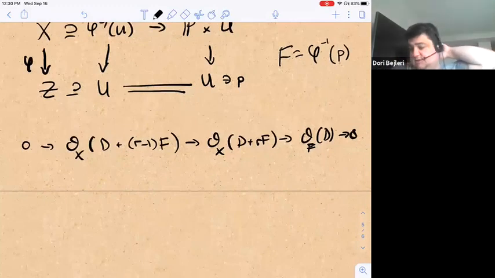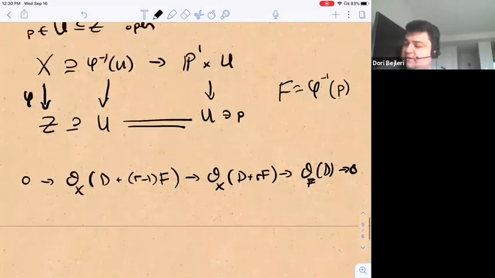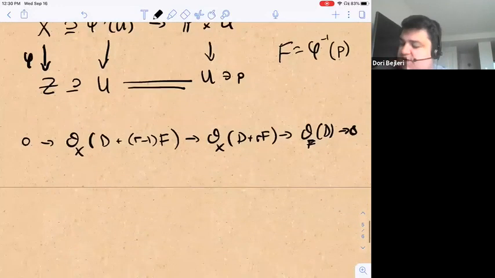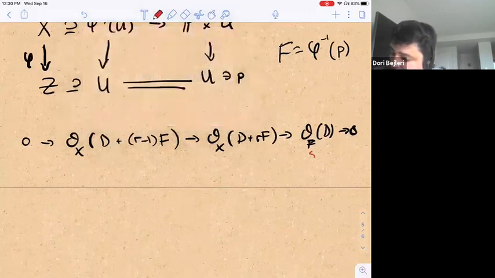So here's just the standard exact sequence coming from twisting. But using that the fiber is P1 and using this condition that D dot F is 1, then we know that O_F(D) has to be a line bundle of degree 1 on P1, so it has to just be O(1).